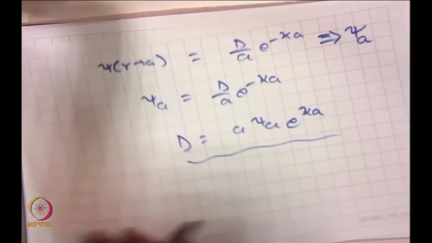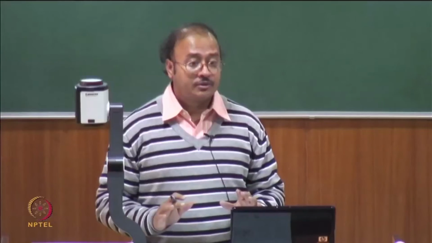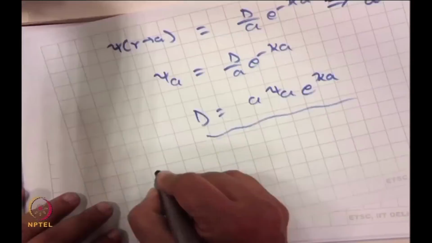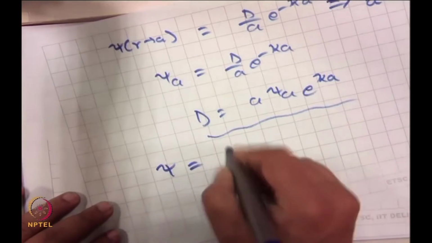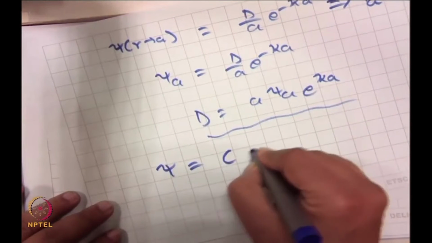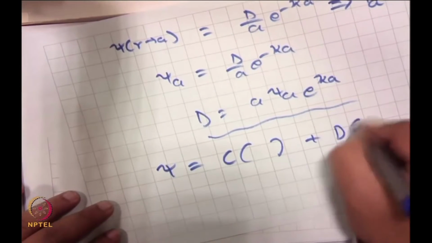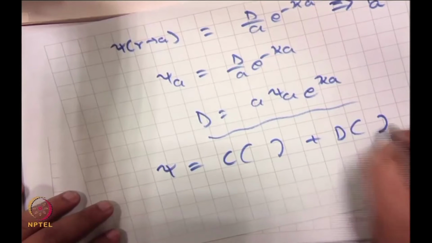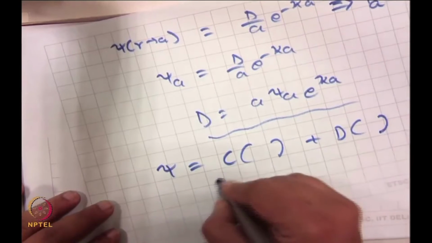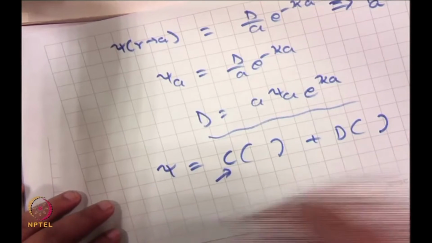Okay. Now, you combine this equation, that means you had psi is equal to c times a constant plus d times a constant, right, that is what we started with. We took this to 0, we found what d was.